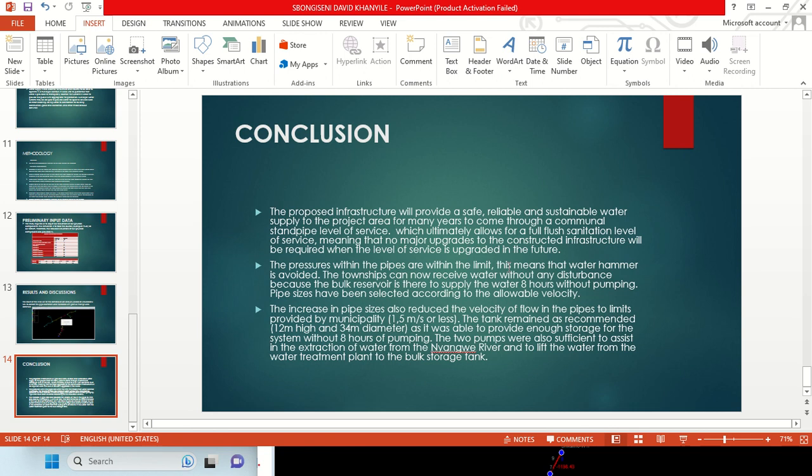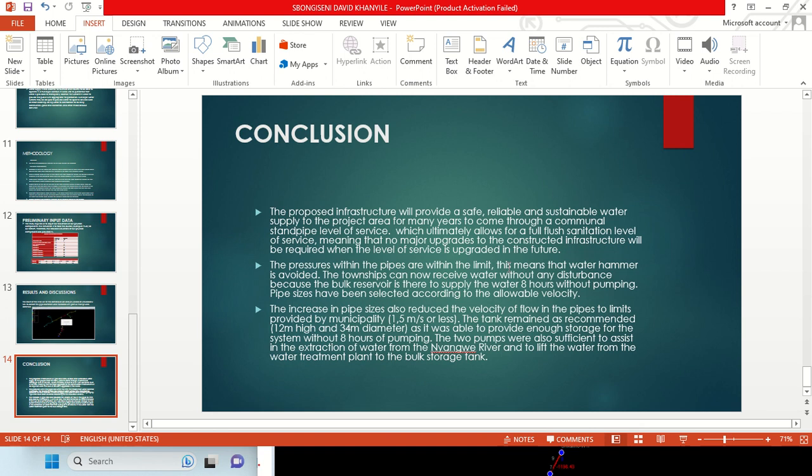Pipe sizes have been selected according to allowable velocity, which I explained earlier on. The increase in pipe sizes also reduced the velocity of the flow in the pipes to within the limits provided by the municipality, which is 1.5 meters per second or less.